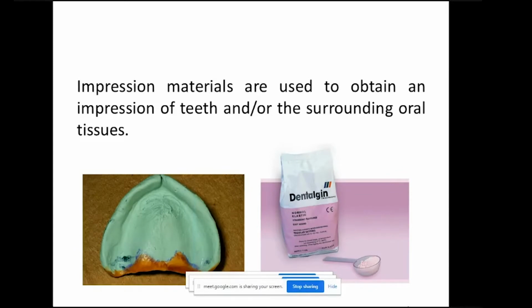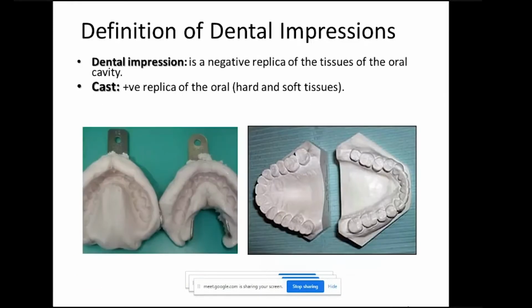By the definition, what do you mean by dental impression? We have general impression, general parts of the body. We have specifically, we need dental impression. It is a negative replica of the tissue of the oral cavity.